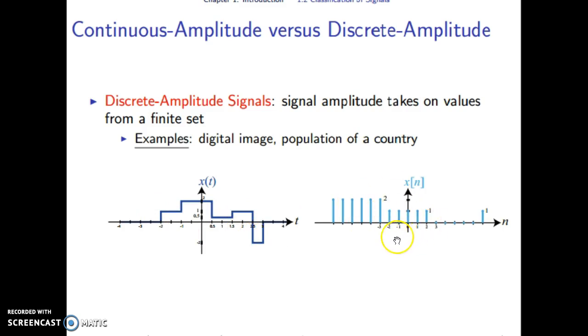And in this case, the amplitude is discrete and the time is discrete. Examples are a digital image and the population of a country. All these are examples of a discrete amplitude signal.